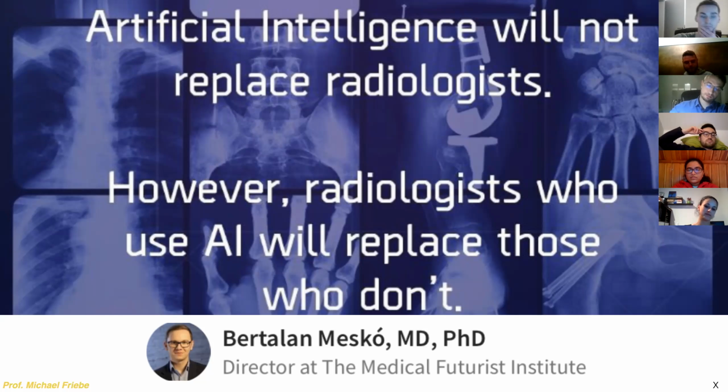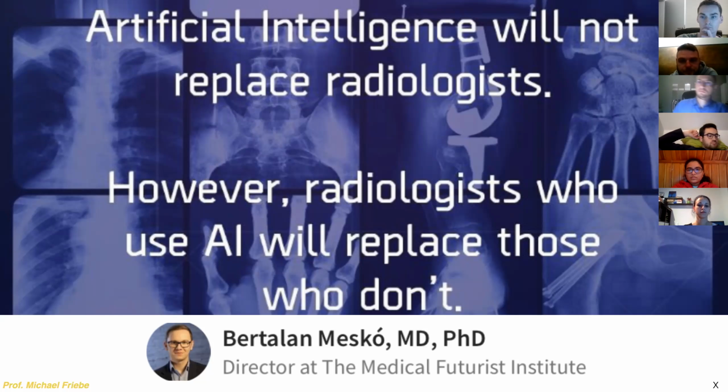So what Bertalan says is, well, yeah, it is right, because the radiologist may get a different job description. The job is not anymore looking at the images, but maybe looking at images that are a little questionable, or results of AI that need to be interpreted, and maybe also results of AI that need to follow up with a therapy plan.